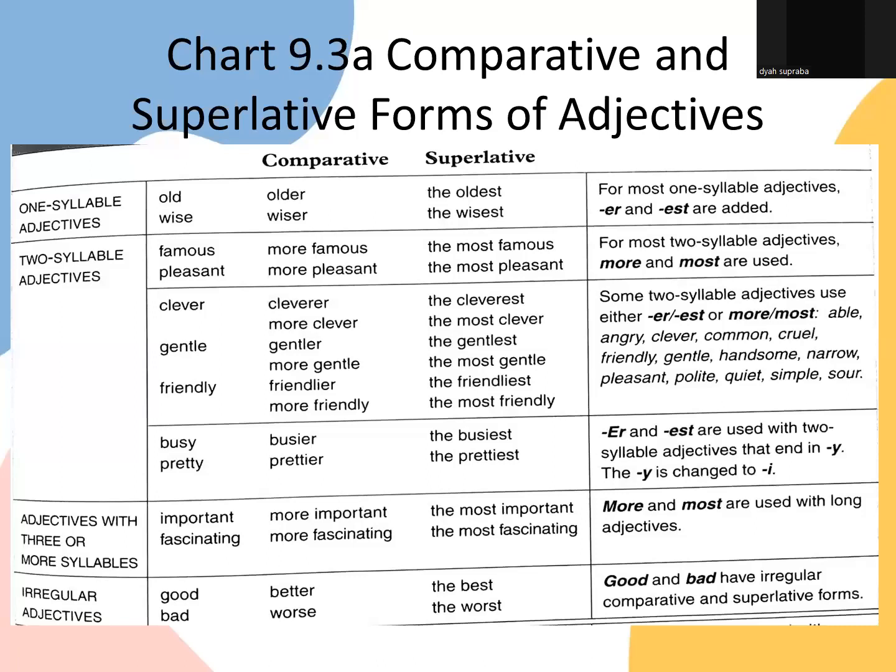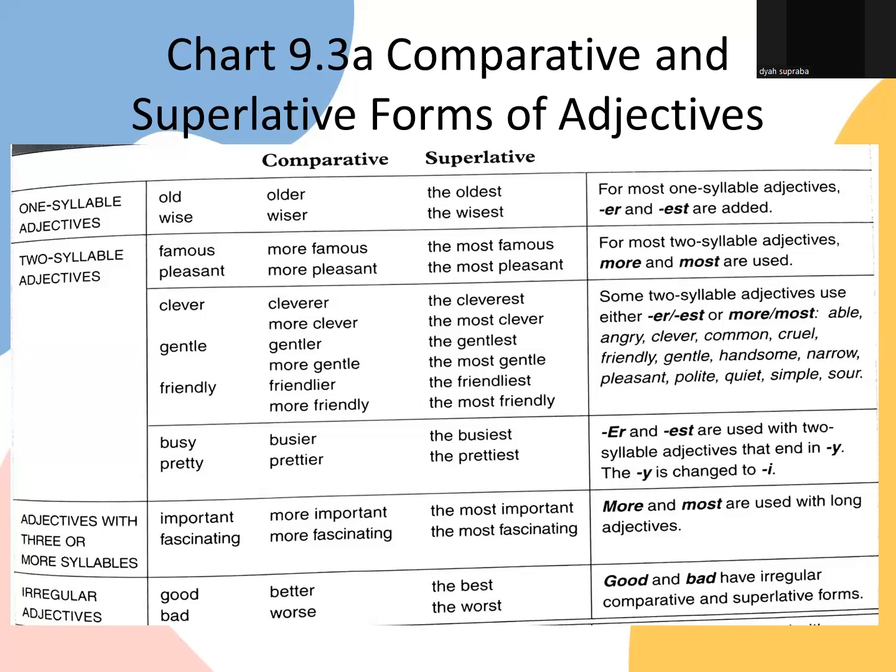So for most one-syllable adjectives, we make it by adding er for comparative and est for superlative. Adjective old, comparative older, superlative oldest. Adjective wise, the comparative wiser, the superlative wisest.